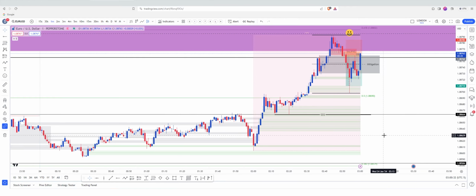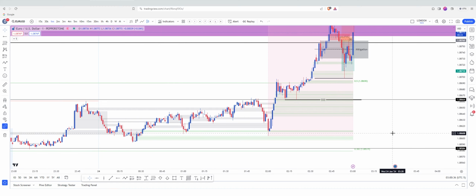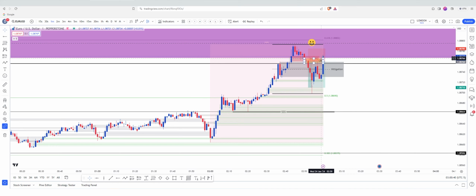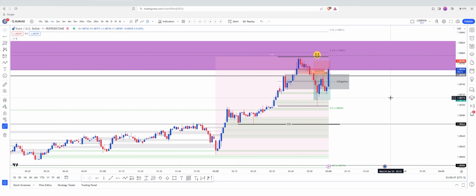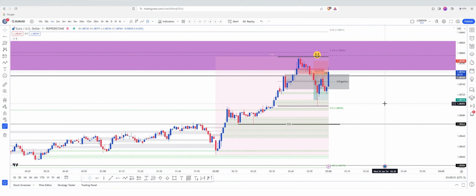Expecting these equal lows to get taken, and again back down to our 5-minute unicorn if we truly are bearish, but we've got news coming. So this large bullish candle going back into here looks very bullish, so I wouldn't be surprised if we continue higher now. This could be manipulation before the price run.